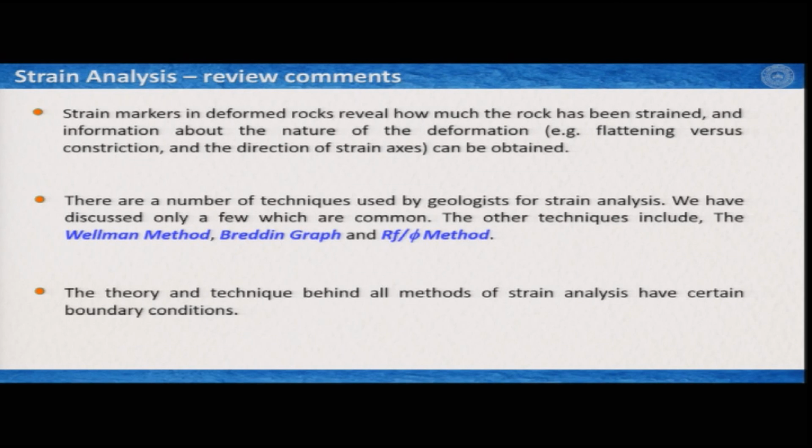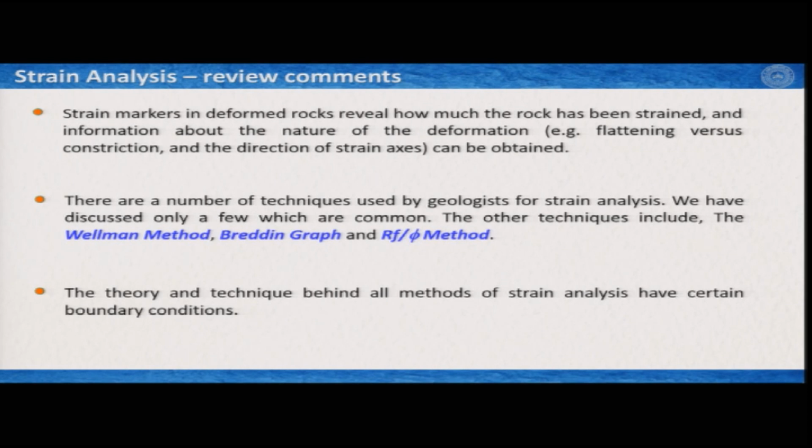Before I conclude this lecture, I would like to give you some remarks that I gave in the very beginning as well. Strain markers in deformed rocks reveal how much the rock has been strained, and information about the nature of the deformation, that is whether it is flattening or constriction, and the direction of strain axes, etc. There are a number of techniques.